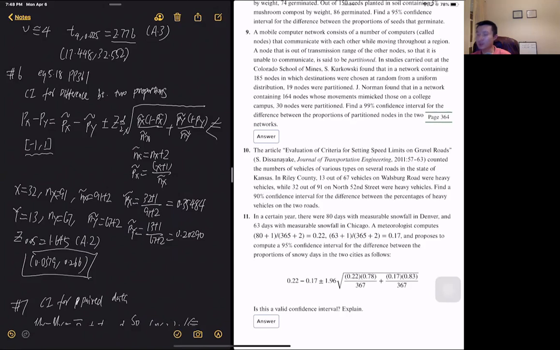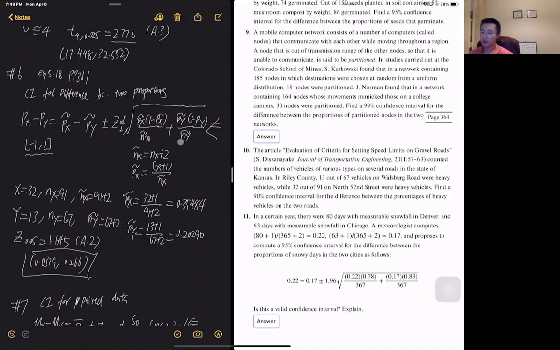The percentage is the same as the proportion, and the question is asking for the difference between the percentages of these two roads. So this is a confidence interval for the difference between two proportions, which is equation 5.18 on textbook page 361.